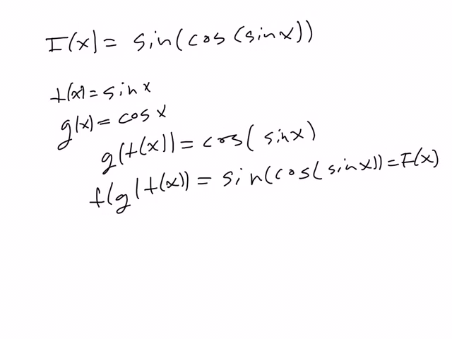So we know that f of x is continuous because it's defined everywhere, and g of x is continuous and defined everywhere. So because of that, by theorem 9, I believe, we know that g of f of x, which is this, is continuous and defined everywhere.